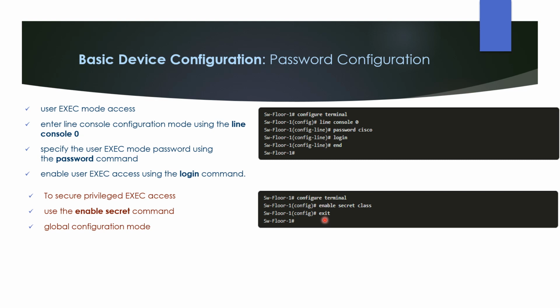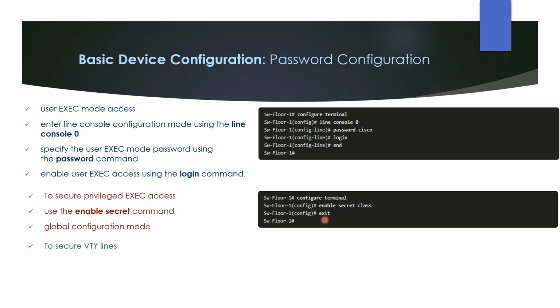And then the virtual terminal lines enable remote access using Telnet or Secure Shell to a device. Many Cisco switches support up to 16 virtual terminal lines that are numbered from 0 to 15.